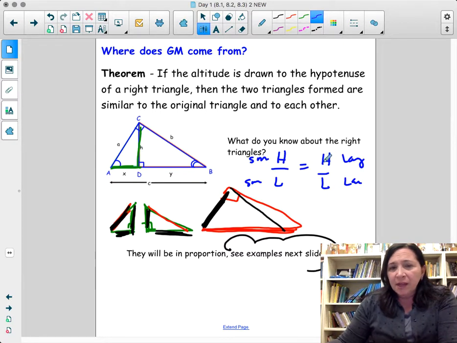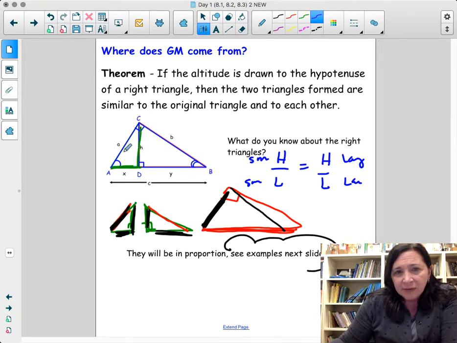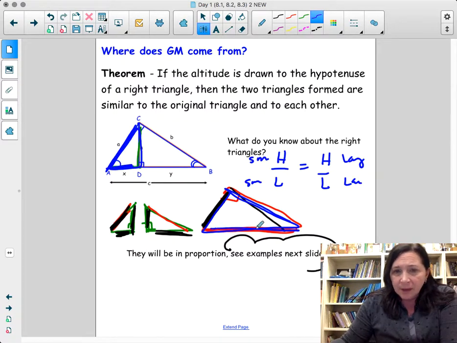So think about it like this: if I was looking at this left triangle right here and comparing it to the large triangle, I would go hypotenuse is to small leg as hypotenuse is to small leg.